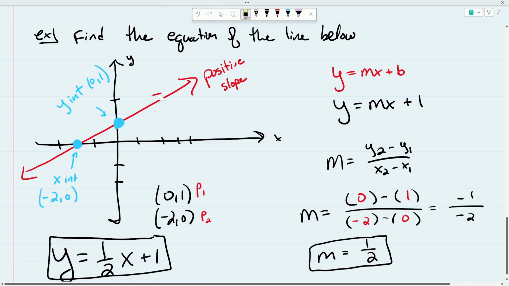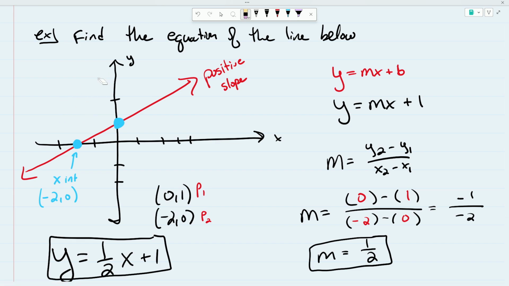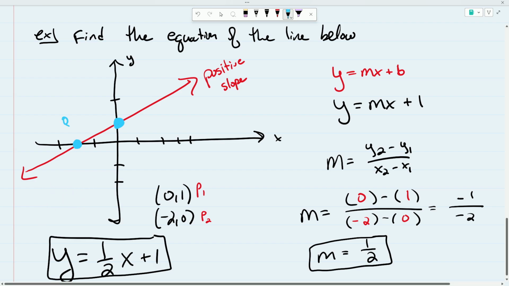If you look at the graph, and let's say, for example, I'm going to erase some of this stuff here. So if you look at the graph, if I'm standing at the x-intercept, and I asked you, hey, how do I get to the next ordered pair that is highlighted on the graph? The thing to remember here is this.